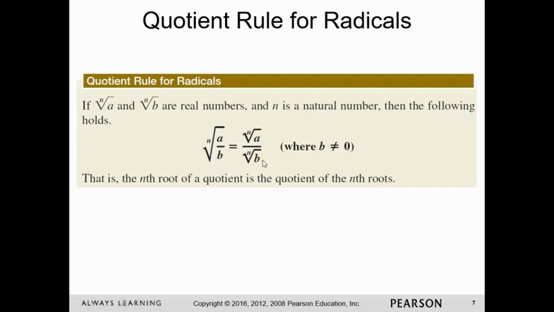So this is really just a version of the quotient rule, right? We can break this up between the nth root of the numerator and the nth root of the denominator. So this one's a little bit more challenging to comprehend than the product rule. So let's look at some examples of it.